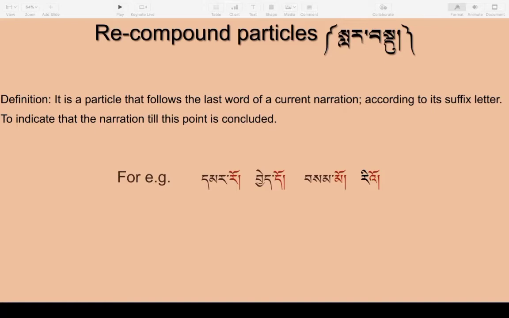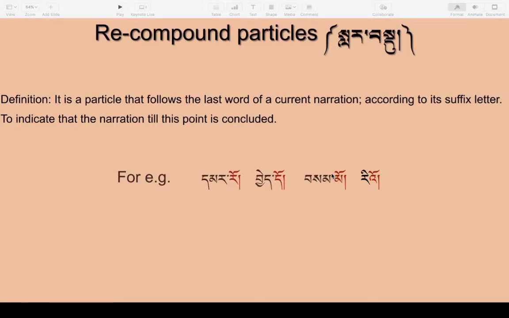And whenever we see these recompound particles like ro, to, mo, ho, or any one of those 11, it means that from the point where we see it back to the point where it began, all of this comes under the same narration. It started from the beginning, and now when we see this recompound particle, it states that it has already concluded.